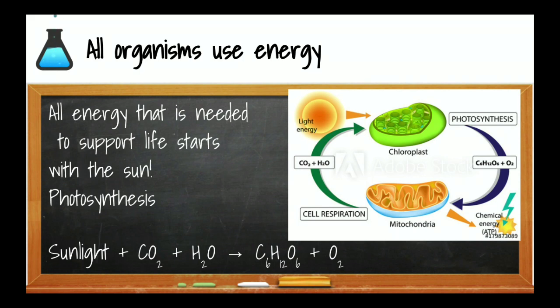The glucose and oxygen can be used by the plant itself or by anything that directly or indirectly eats that plant. So the glucose and the oxygen go to an organism's mitochondria, which allows that organism to make energy. When that organism makes energy, it releases carbon dioxide and water, which are then again used by the plants.